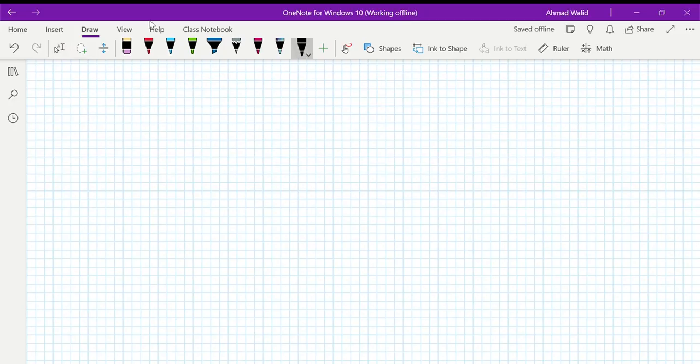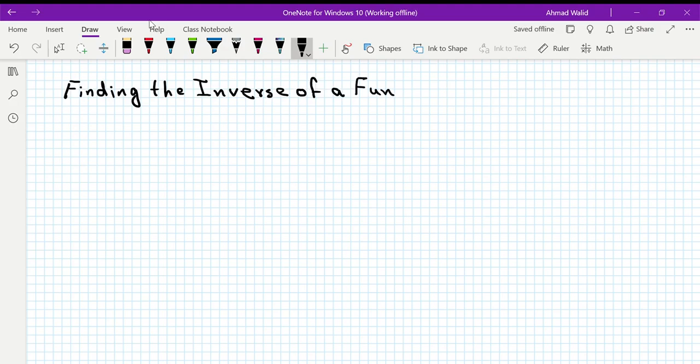Finding the inverse of a function. To find the inverse of any given function, but remember, you can only find the inverse of a function if your function is one-to-one.